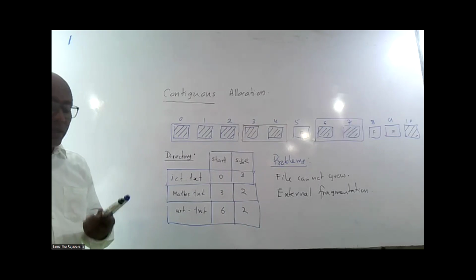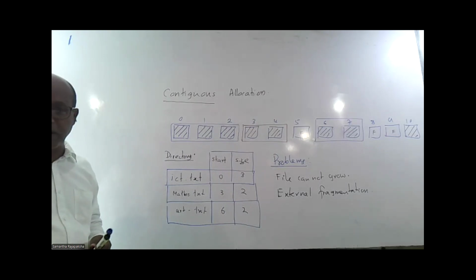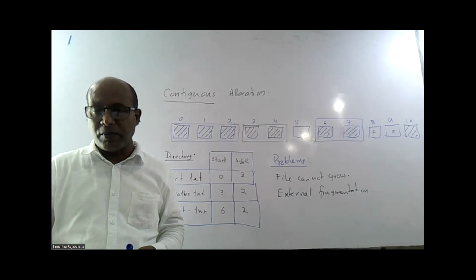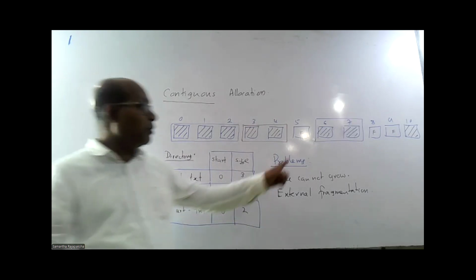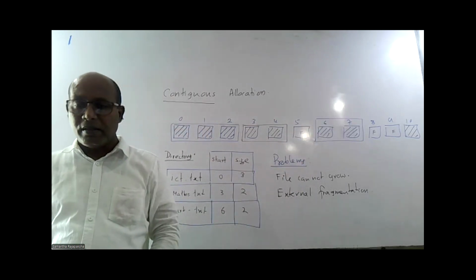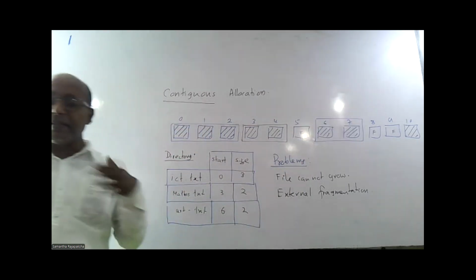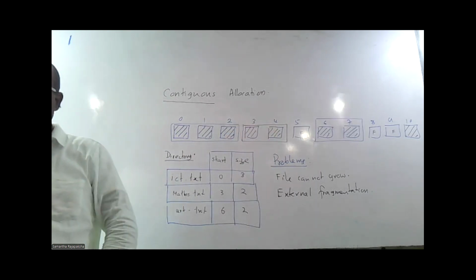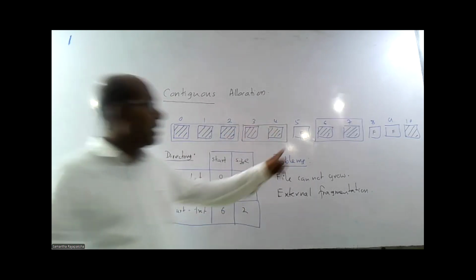Now assume I have a new file. That file needs 3 blocks. I have 3 blocks, 5, 8, 9, that are free. Can we allocate it? Can't. Why? Because they are not contiguous.